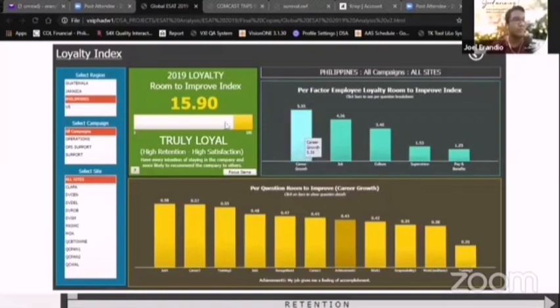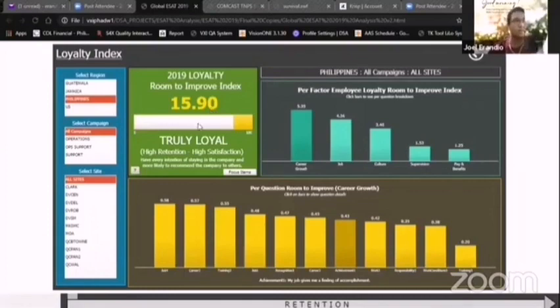So this is the loyalty improve index, or the improve index, or the indexing in general. So the room to improve, this is the counterpart of your overall performance.